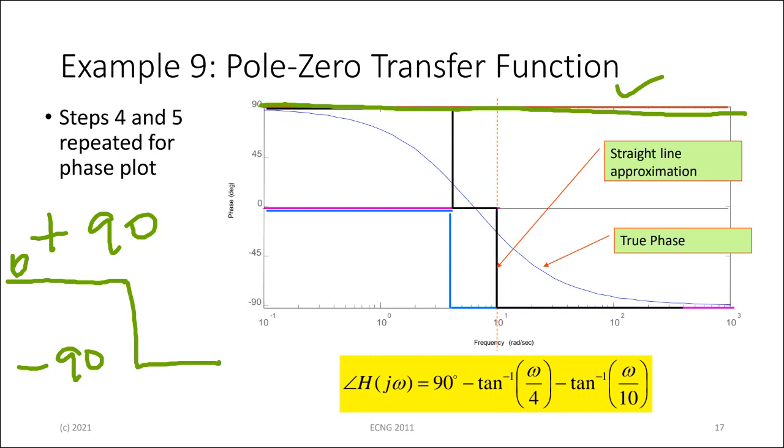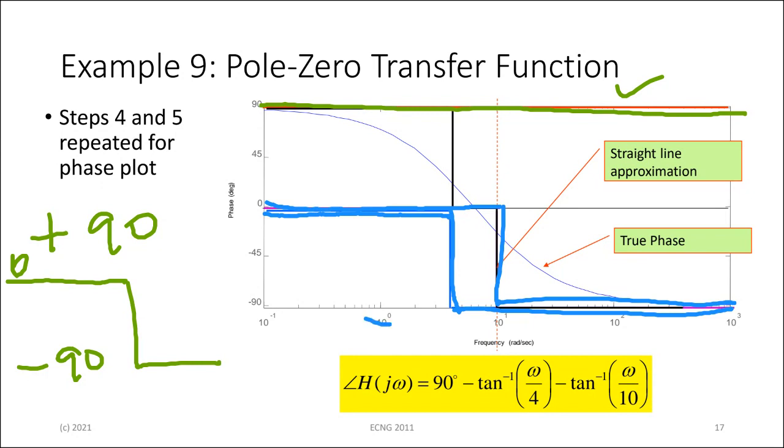The first part of the transfer function, with the corner frequency at omega equal to 4, is at 0 for less than 4, and then it changes to minus 90. And then the one where the corner frequency is 10 is 0 degrees up until 10, and then it also changes to minus 90. And you add up everybody again.